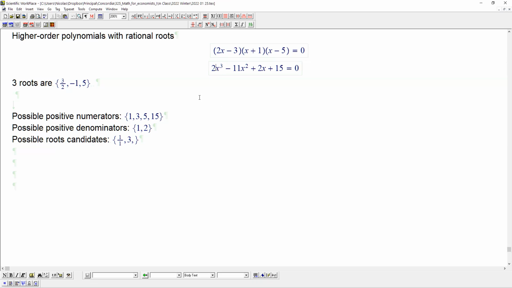And if I had, like, 2 over 10, like if I have 0.2 here, the only thing I would have to do is multiply all my equation by 10. What I want is a whole number here and a whole number here. So I would have this 3 over 1, 5 over 1, and 15 over 1. And then I have the same using the 2.